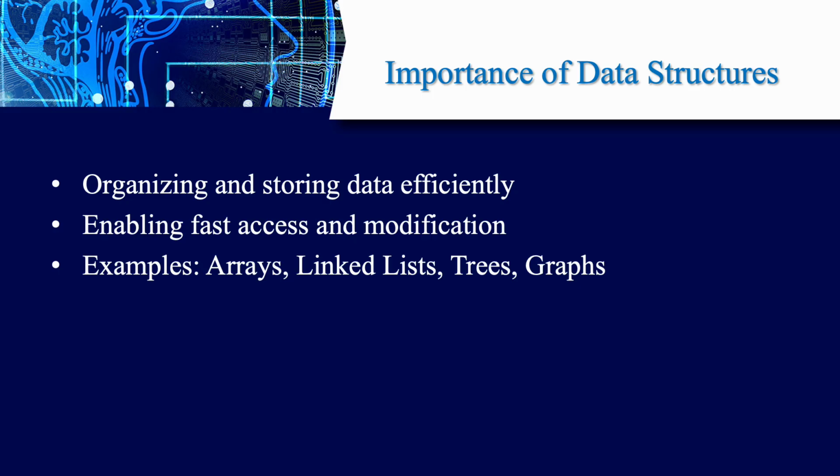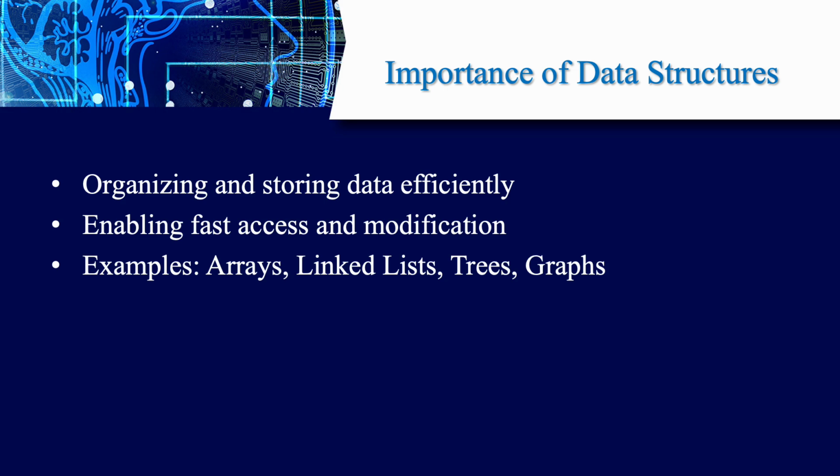And if you are dealing with a system where everything connects to everything else, like cities and roads in Google Maps, we use a graph to model those connections, right? So this is why data structures are very important.